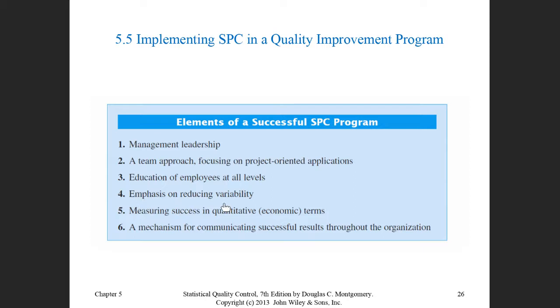Emphasis on reducing variability, and this is a good thing to improve quality, because variation will cause defects, and also it will cause loss of customer satisfaction.